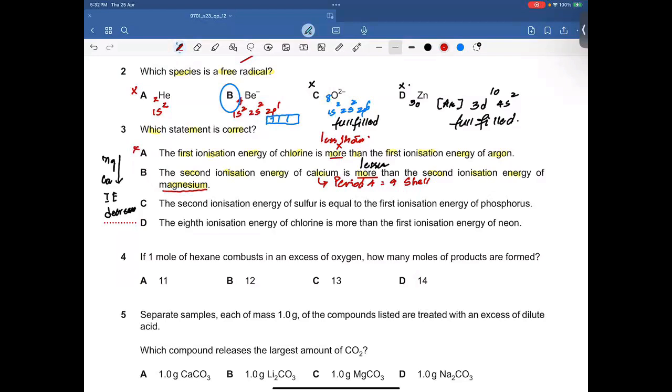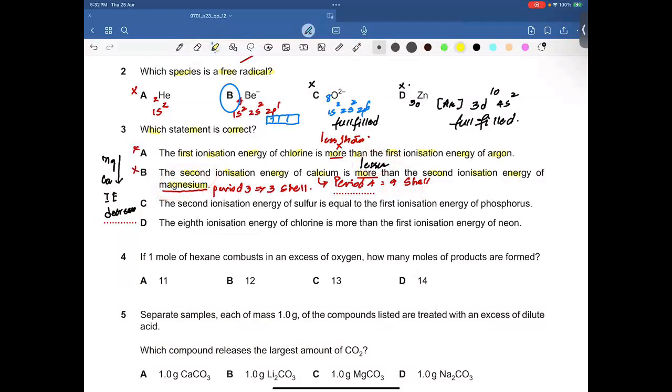Magnesium is found in period 3, so it has 3 shells. Which means calcium has more number of shells. So if it has more number of shells, then it means it has weak nucleus to electron attraction. So electron removal from calcium becomes easier, which means its ionization energy should be lower than that of magnesium. Okay. So obviously B is incorrect also.